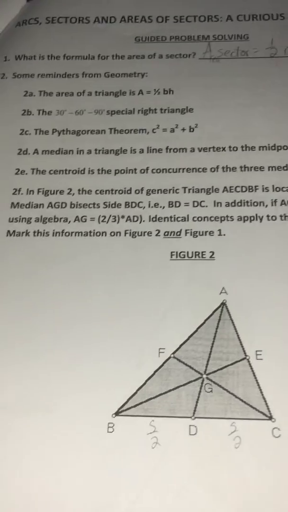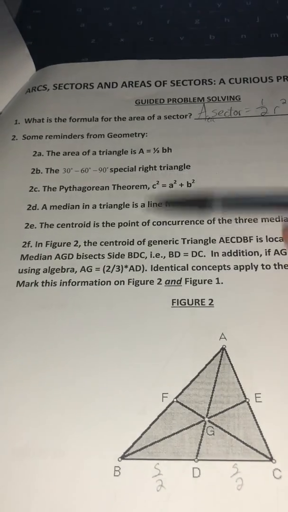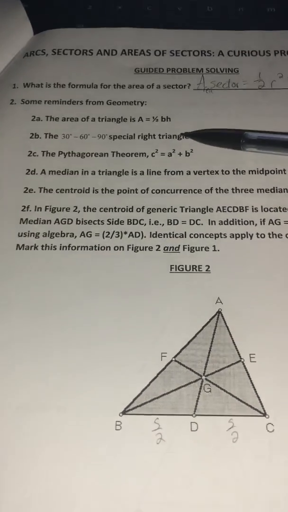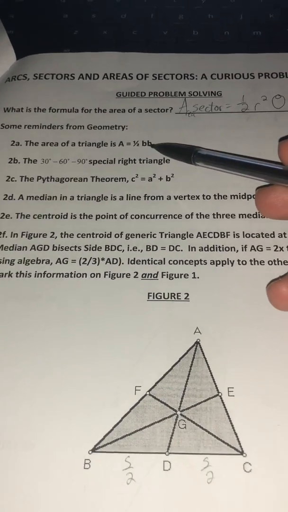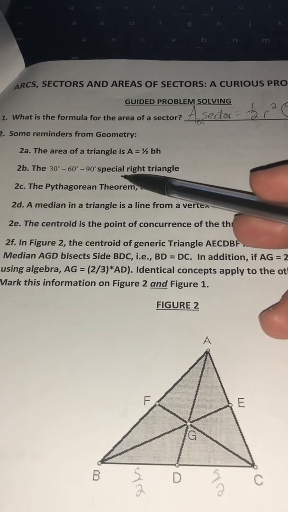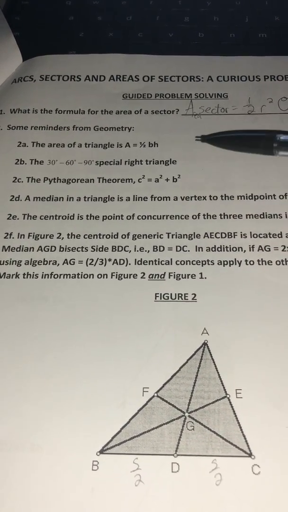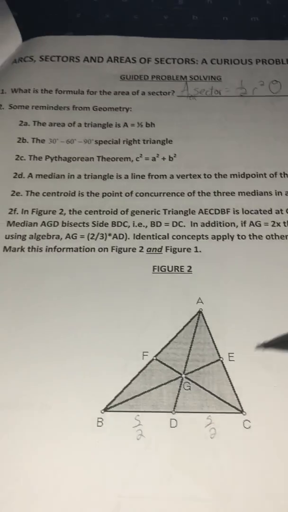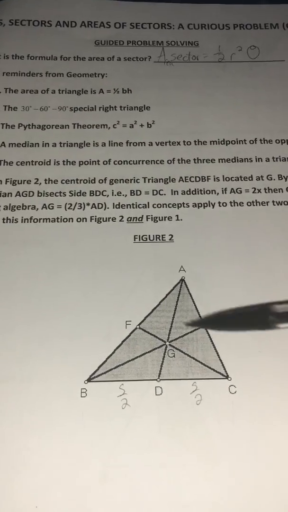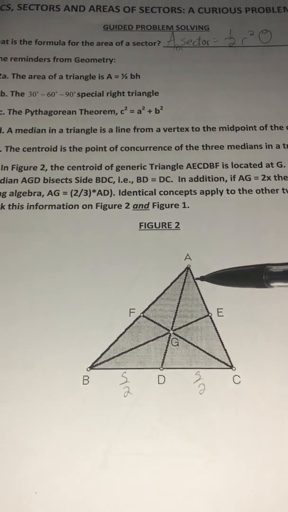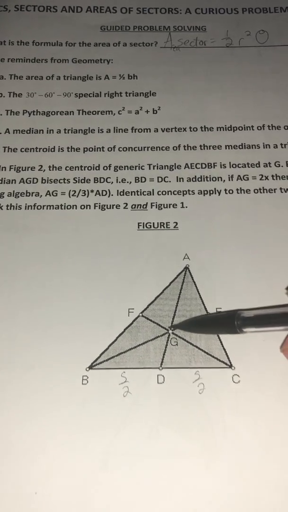Down here are some other things from geometry that you need to remember. Area of a triangle is 1/2 base times height. Don't forget about our special right triangles and the Pythagorean theorem, of course. Another topic that comes into play quite a bit throughout this is a median and the centroid.